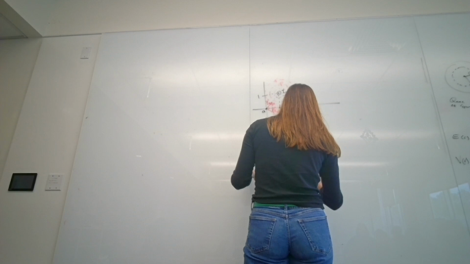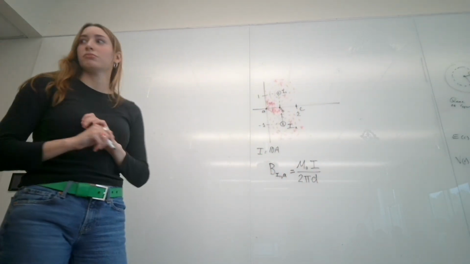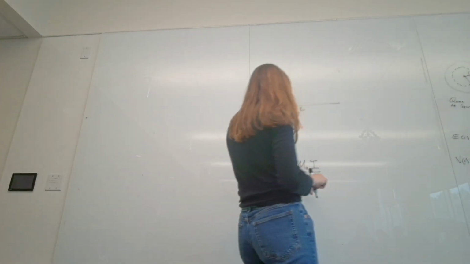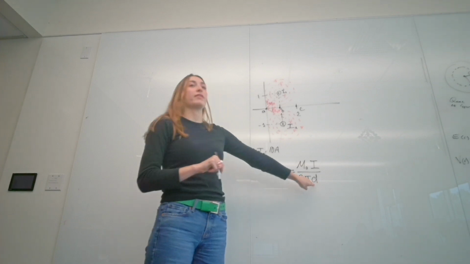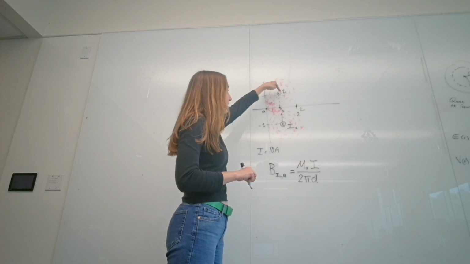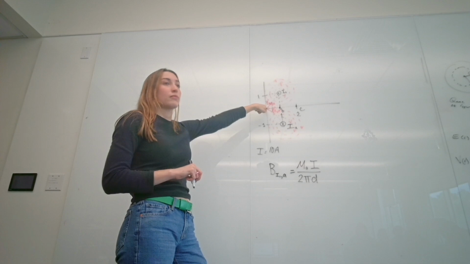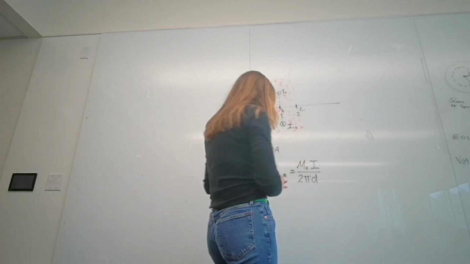Are you given that as a formula? Yes, okay. This distance is the distance between your wire and the point of interest. So in our case, this distance is going to be the distance between I1 and A. So it's going to be this radial distance that I drew in green.